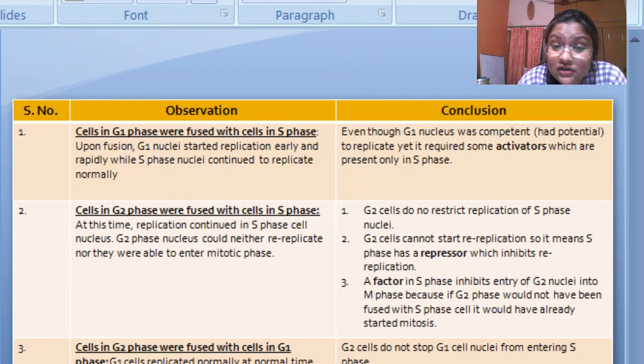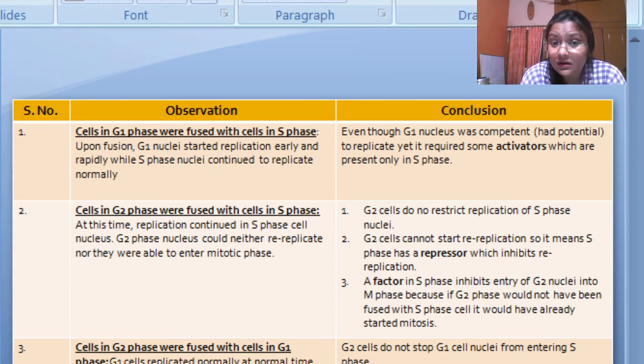So the conclusion for this experiment was that even though G1 nucleus was competent, that means G1 nucleus had everything for synthesis, for entering S phase.